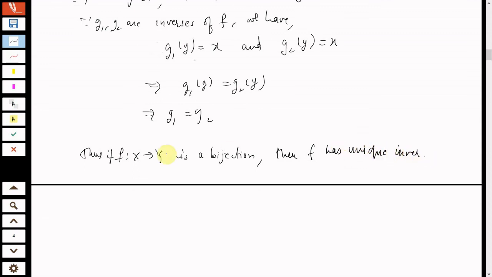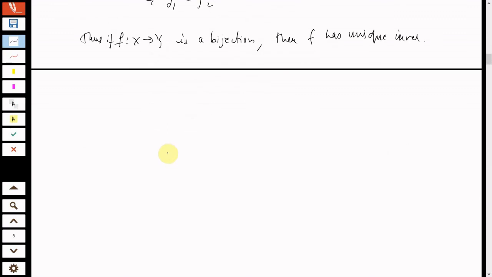Okay, before I wind up this session, we will see the notation for the inverse of a function. Notation.